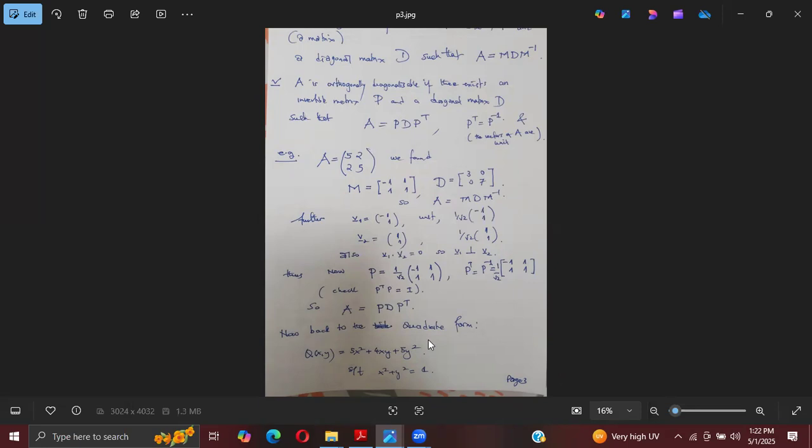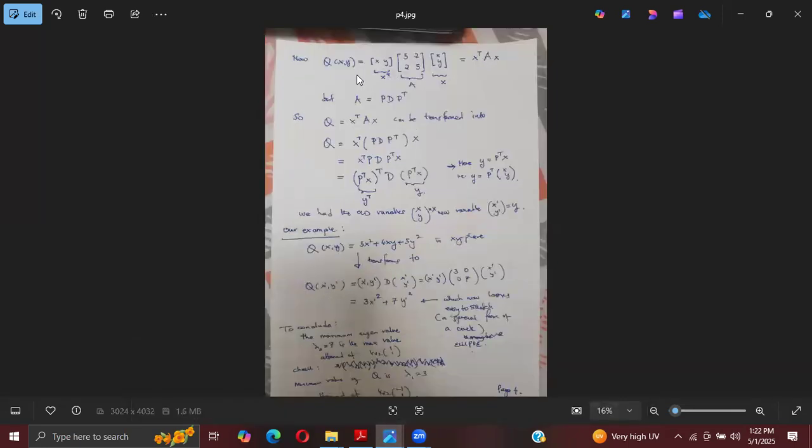We actually do this process of orthogonally diagonalizing our matrix. We pull out our matrix now on page 4 here. Page 4 is where we rewrite our quadratic form in this form, so we have x transpose A x, and then we find our matrix P and our matrix D so that A is orthogonally diagonalizable. Yes, I'm answering for you.